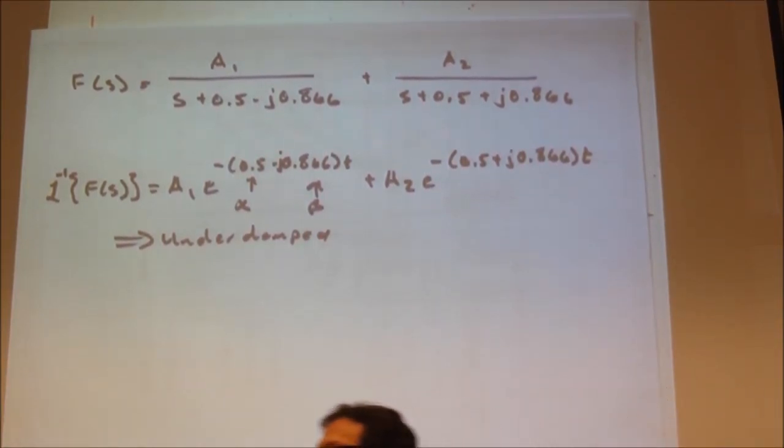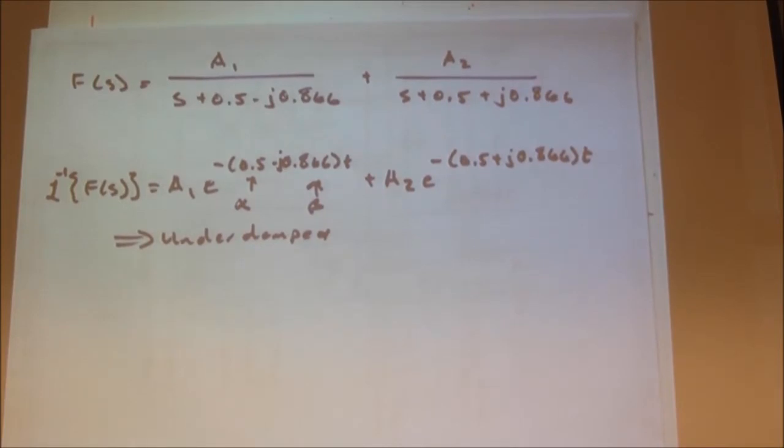So coming straight out of the roots of our polynomial, we can find alpha and beta directly. And we saw that a bit when we looked at the differential expression as well.